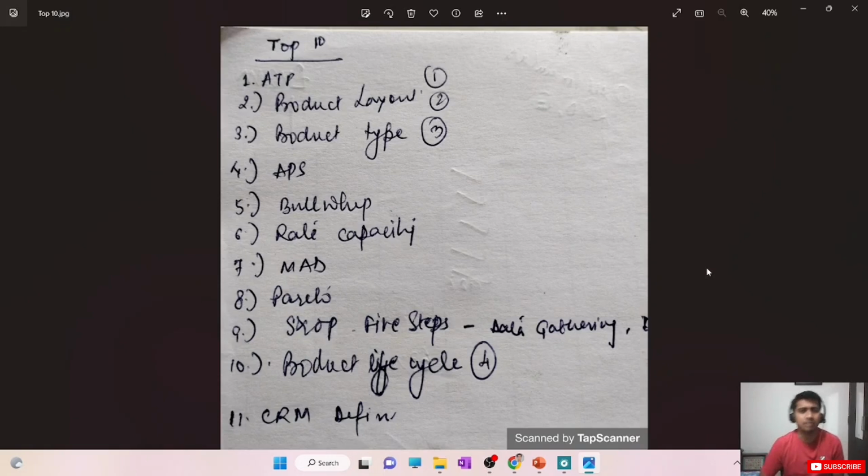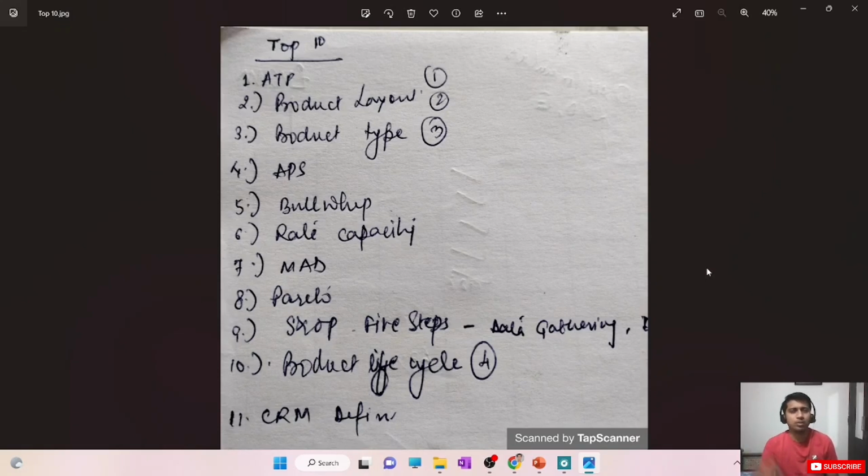So after interacting with them, these are the top 10 or 11 topics which you should never miss. You should study them thoroughly. All the numericals related to it, concepts related to it, flow charts, process flows, examples, case studies, everything. You should do it very properly for these top 10 topics.